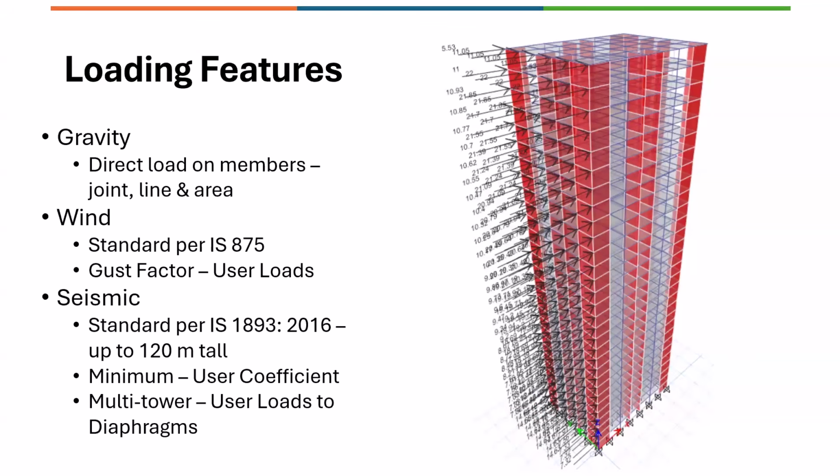So we'll have to use the user loads specific for individual towers. Anyway, the code is also asking you to model the individual towers as well as the combined one. And both should be done. So when the individual, you can get the forces and then apply it as user loads in the combined one for specific towers.